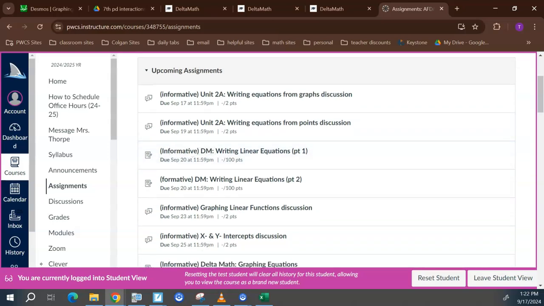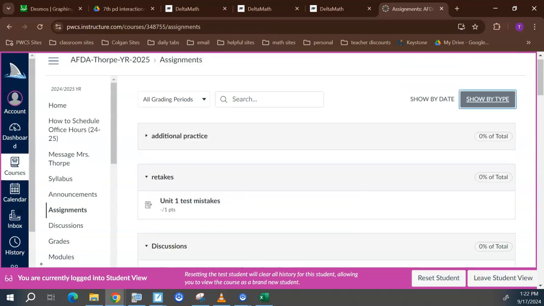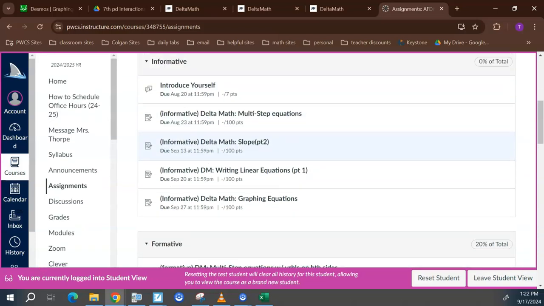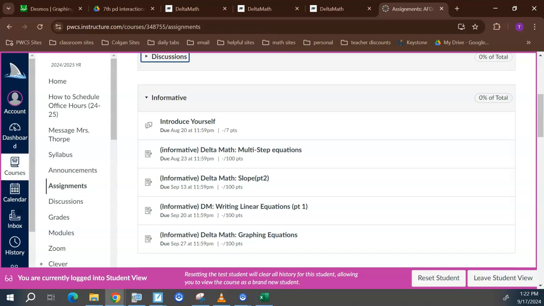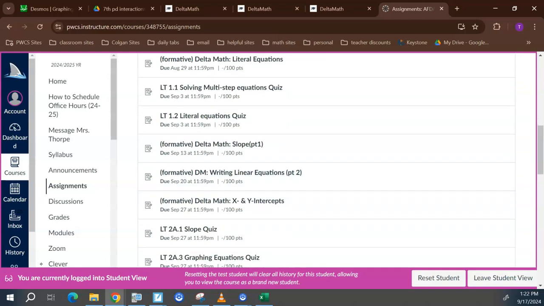I want you to do this discussion, that's due today, and then this Delta Math. That's on what we just did. Now, if you finish those and need to do your slope one, one is an informative, and then the other one is a formative. So do the writing ones first, then you can do slope or previous ones, and then after you do the writing, if you need to work on retake work, you can do that.